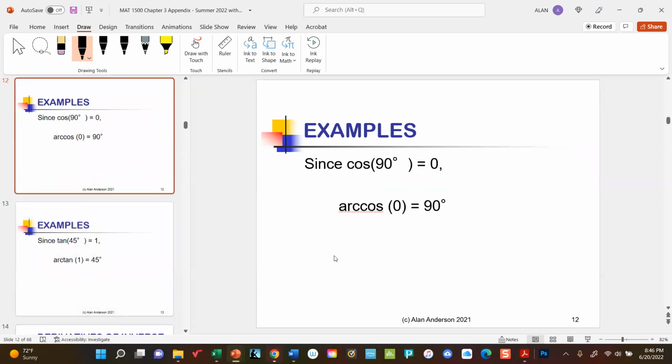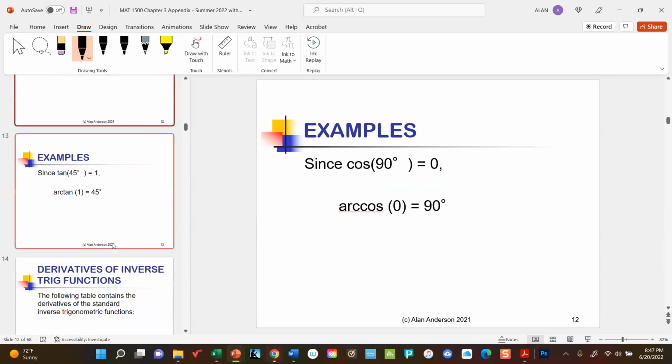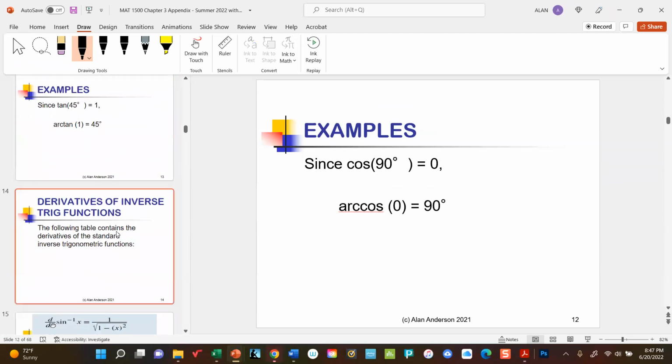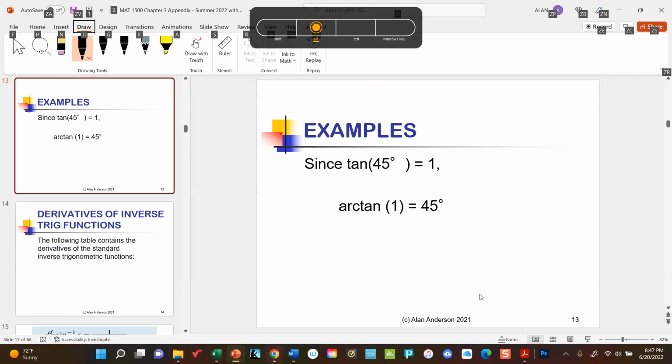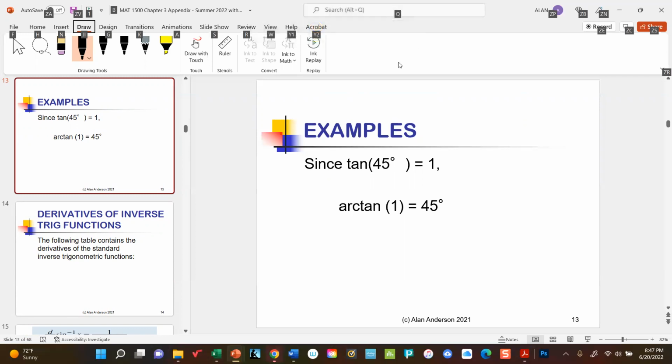The cosine of 90 is 0, which implies that the arc cosine of 0 is 90. Again, they're just opposites of each other. And then one more, let's do an arc tangent. Since the tangent of 45 degrees is 1, the arc tangent of 1 must be 45 degrees.